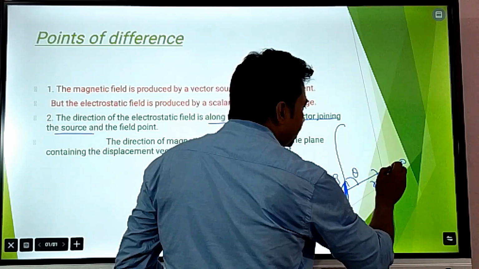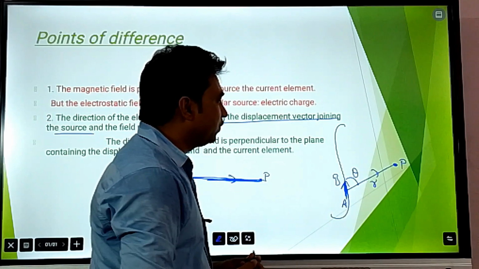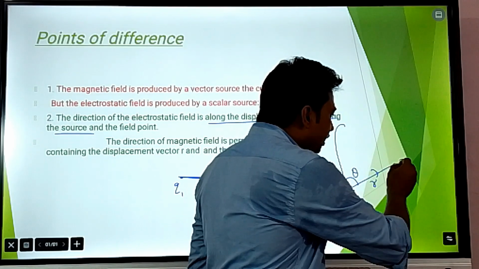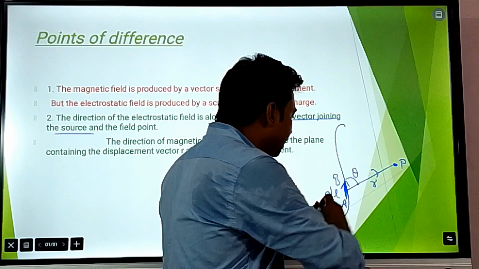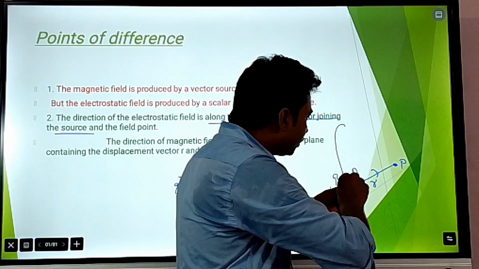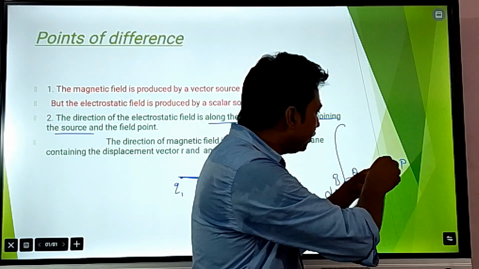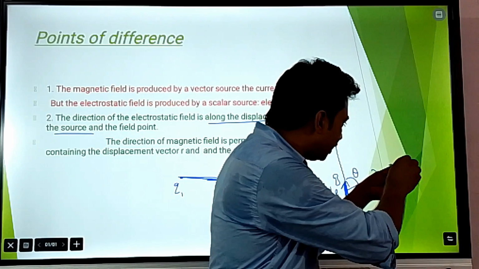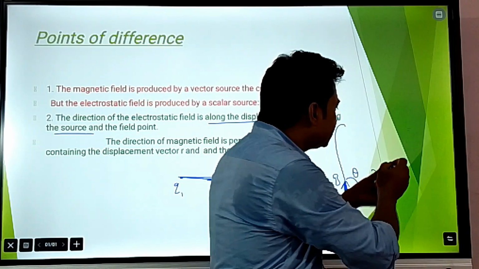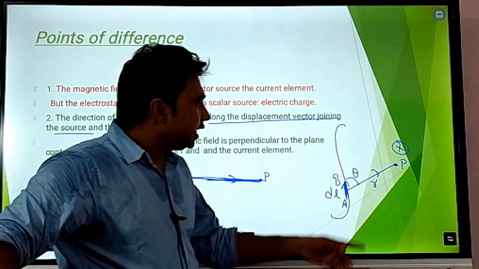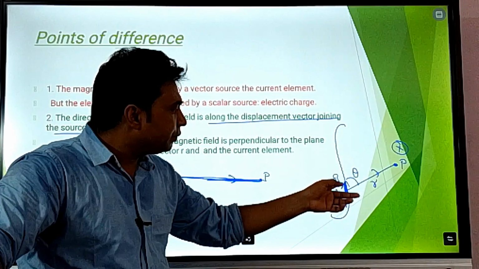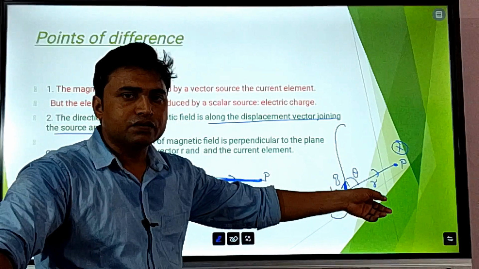Then at point P, in order to find the direction of the magnetic field, we have to put a screw here and rotate it from dl to r. If we rotate it, we find that the screw advances inward. It means the direction of the magnetic field is inward. So the direction of the magnetic field will always be perpendicular to dl and r.